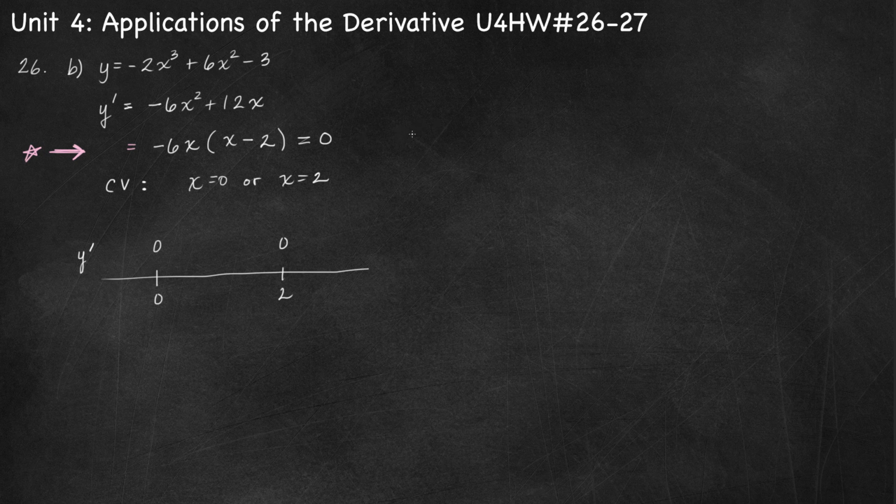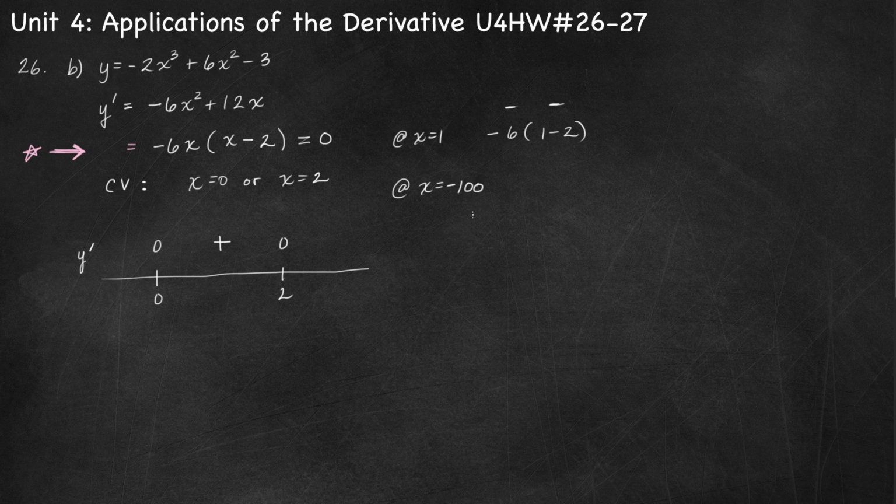So substituting in a 1, at x equals 1, we get negative 6 times 1 minus 2. So that's a negative number times a negative number. Negative times negative is positive. So those values are positive. Now let's pick a test point that is less than 0. I'm going to pick negative 100.